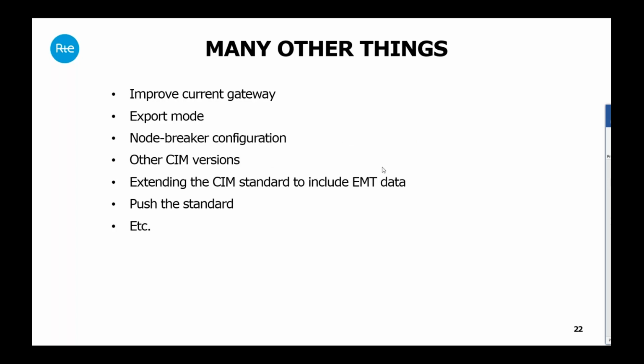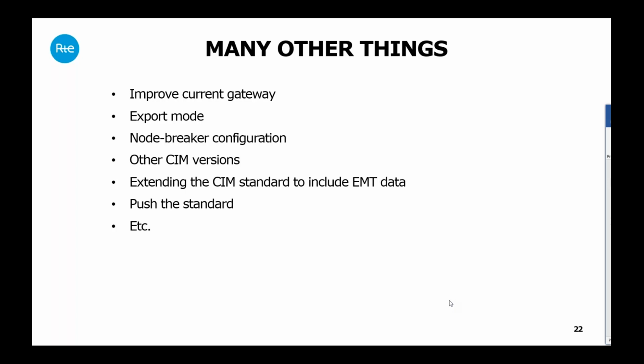Also, we can test other CIM versions. We tested with the latest CIM 16 and CGMES 2.4, but we need to test our gateway with newer and previous versions of CIM. Extending the CIM standard to include EMT data is also a key point for data portability between EMT tools.